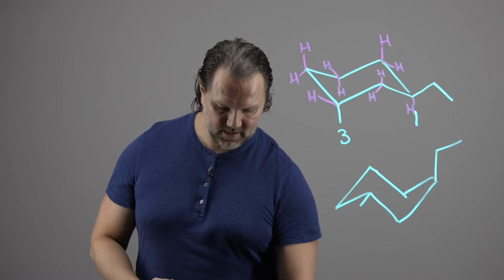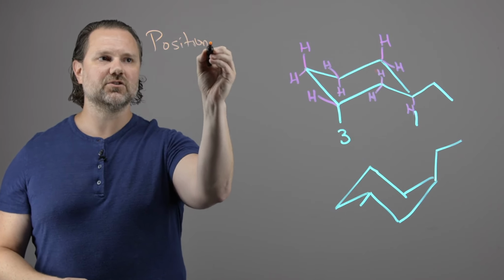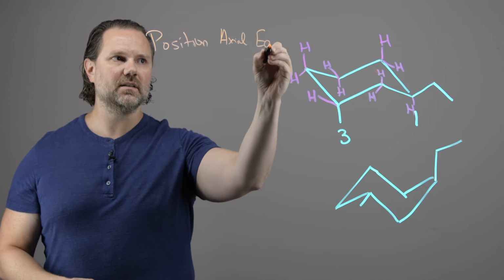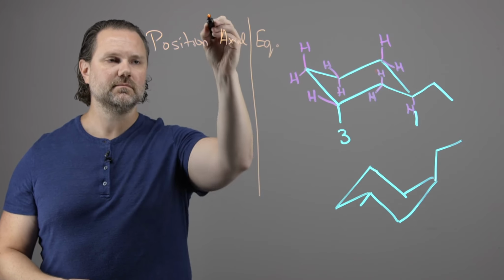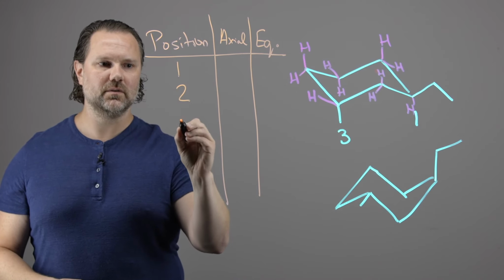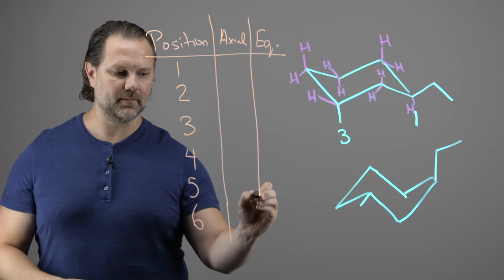Now, to help you try and decide where each position is going to be up or down, axial, equatorial, you can build a little table to support you in making these decisions. Let's do that now. If we describe each of the positions around the ring, what will be axial and what will be equatorial. We have positions 1, 2, 3, 4, 5, and 6 around the ring.